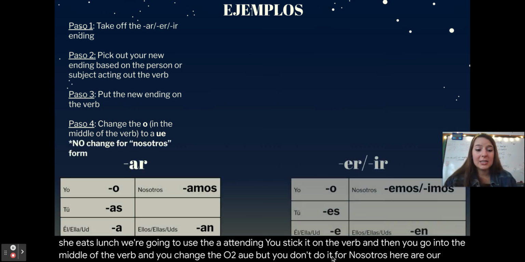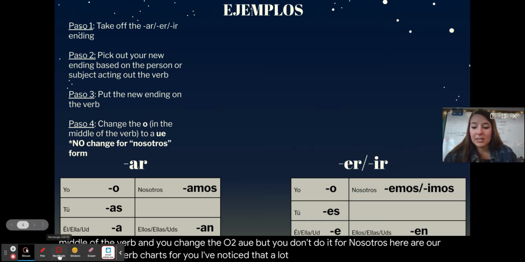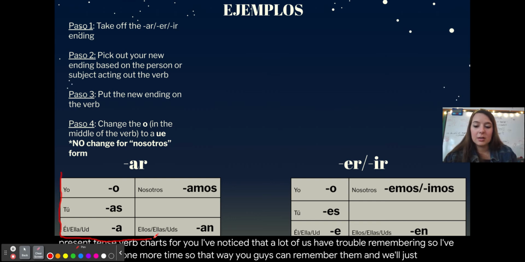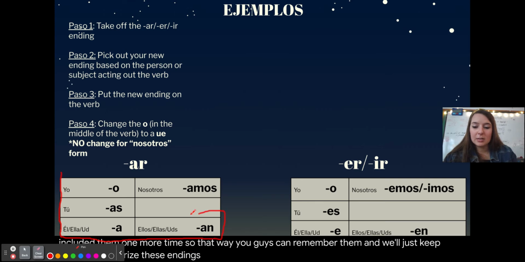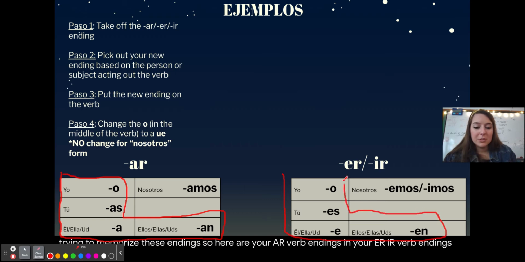Here are our present tense verb charts for you. I've noticed that a lot of us have trouble remembering, so I've included them one more time so that way you guys can remember them, and we'll just keep trying to memorize these endings. So here are your AR verb endings and your ER/IR verb endings, and I'm making a boot for you because stem changing verbs are considered boot verbs.